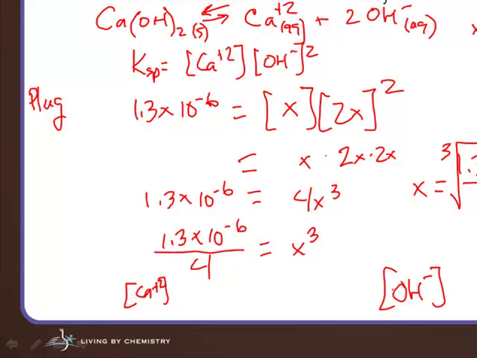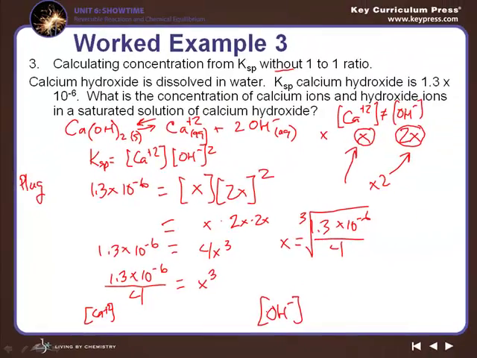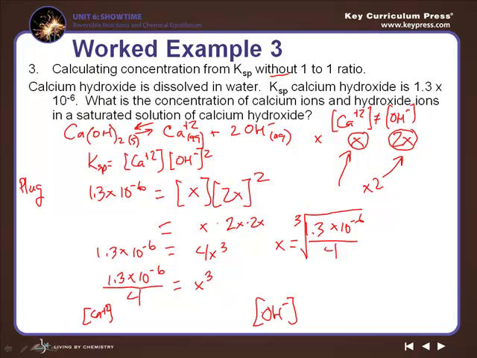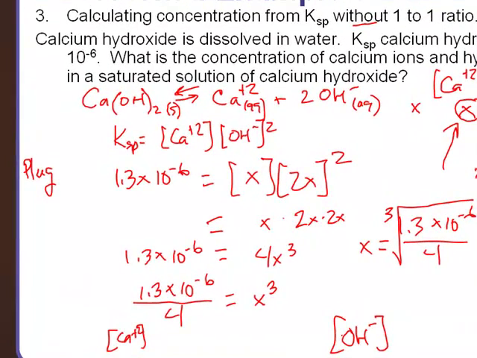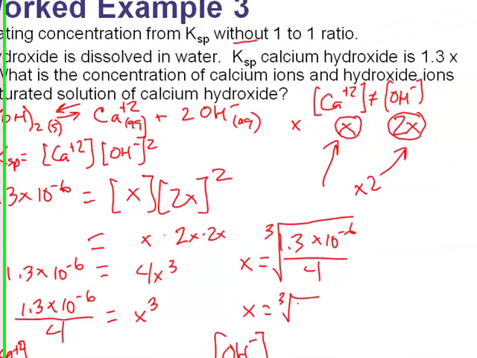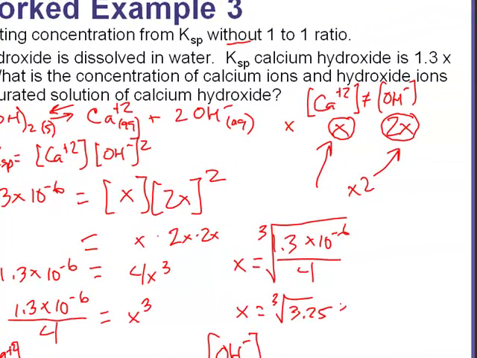So the next step is to use our calculator, and we type in 1.3 EE negative 6 divided by 4, and that equals a value. X equals the cube root of 3.25 times 10 to the negative 7th.